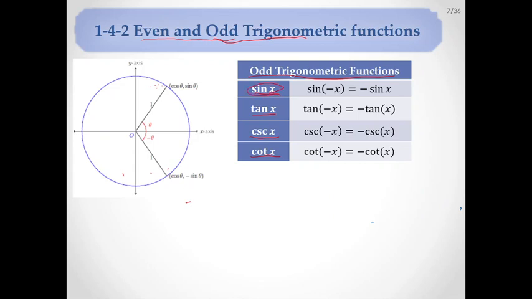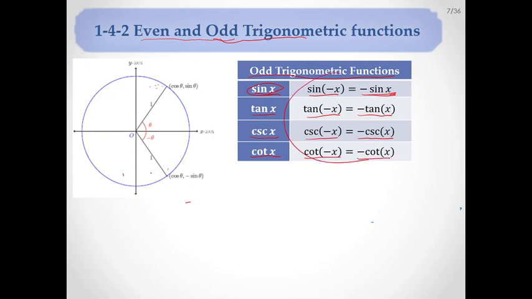So sine minus x, you can take the minus out, and then tangent minus x is minus tangent x, and cosecant negative x is equal to negative cosecant x, and cotangent negative x is equal to negative cotangent x.